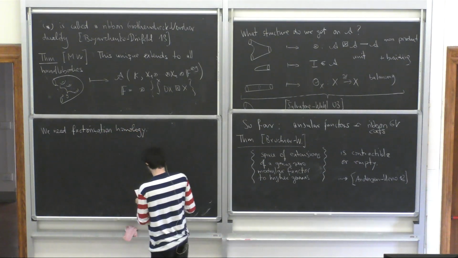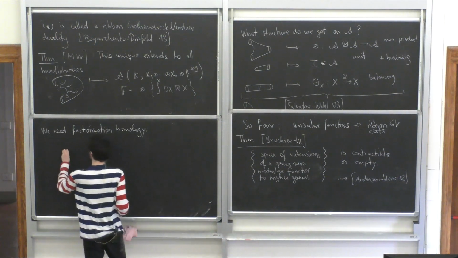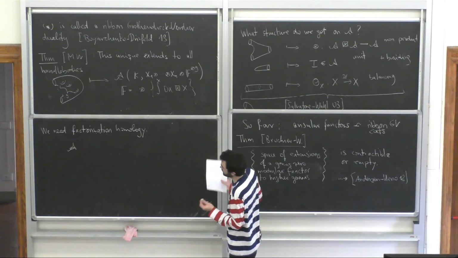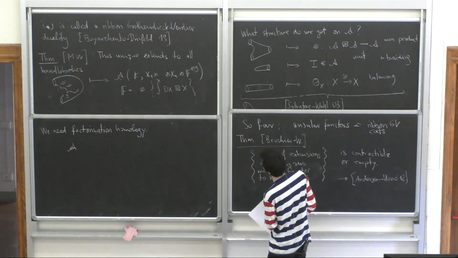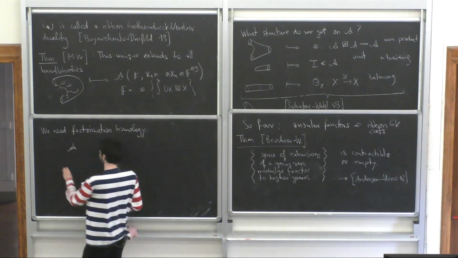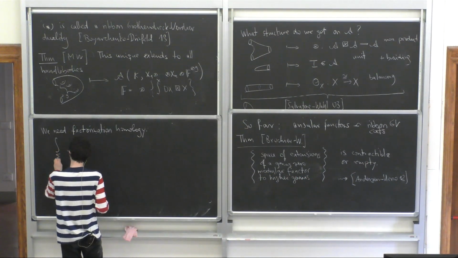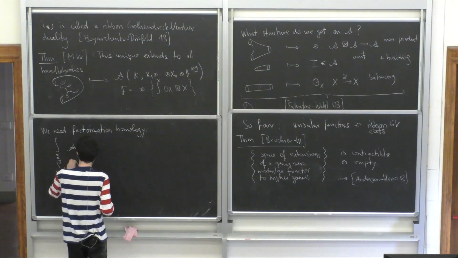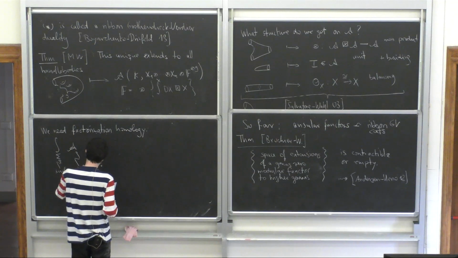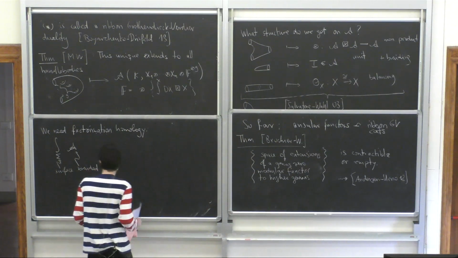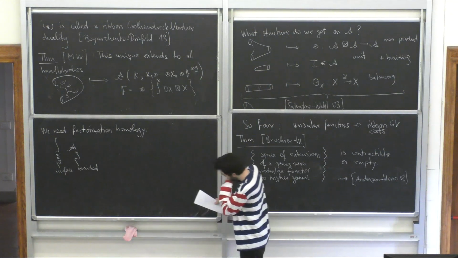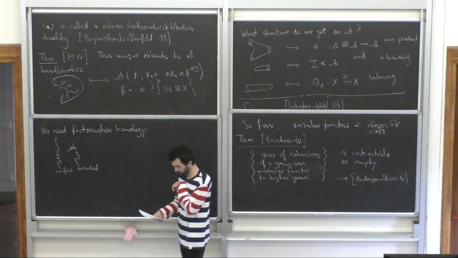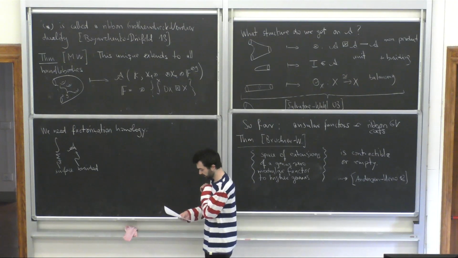So what does factorization homology do? In our case, it will take this A, which by now, since it is defined already in genus 0, is a braided monoidal category, and we can integrate it over a surface. Factorization homology was invented, or at least a precursor of it, by Beilinson and Drinfeld. It was then developed by Lurie, Ayala, Francis and many others.